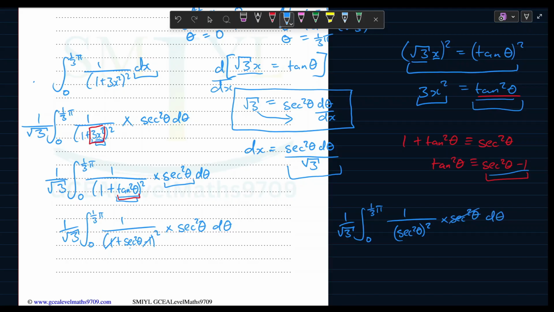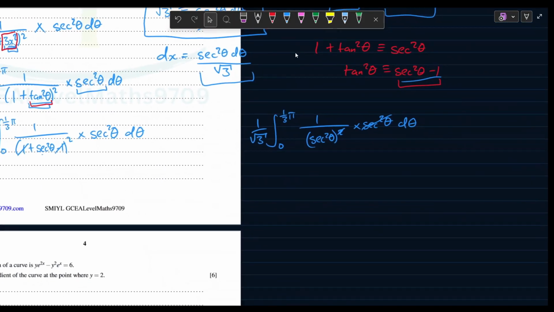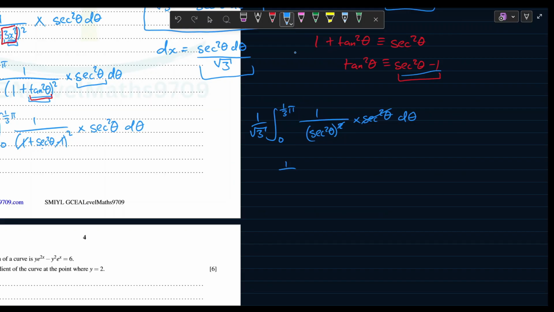So we can cancel out sec squared theta and the power 2 here on the denominator. And so now what remains is 1 over root 3, the integral from 0 to a third pi, and this is 1 over sec squared theta d theta. Remember that sec squared theta is just 1 over cos squared theta.